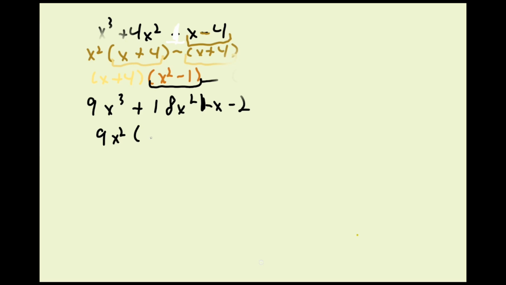And then we'll put x plus 2. Because 18 divided by 9 is 2. And then we'll do subtracting x minus 2. We did this before. You can take out this. Just take it out.